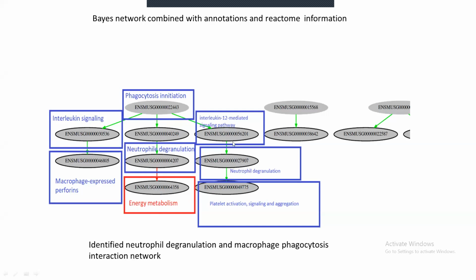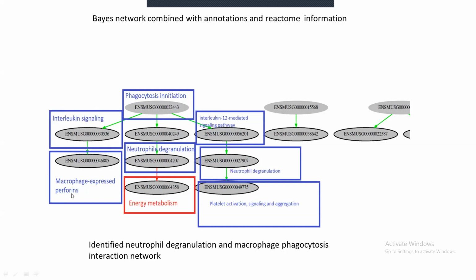Take a look at these other branches. Interleukin signaling. Interleukin is a signaling molecule that macrophages create to attract, for example, other cells to the tumor. We have neutrophils here, so we know that there are other types of immune cells that are infiltrating the tumor, and we know that there is some signaling included.